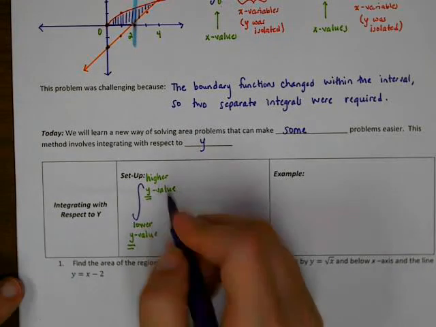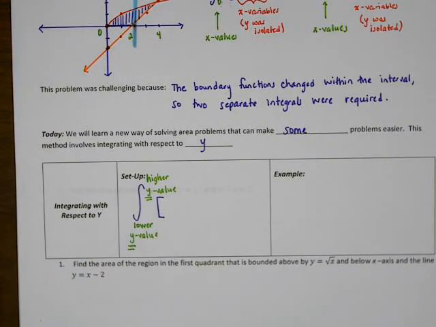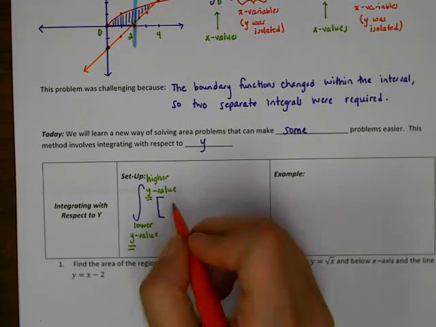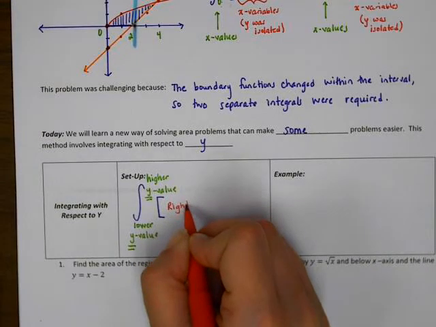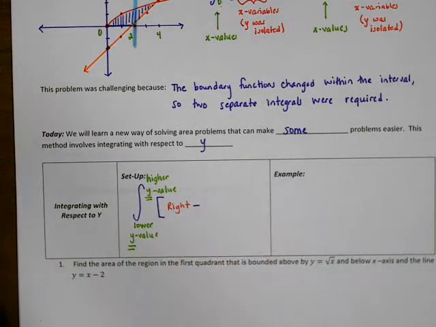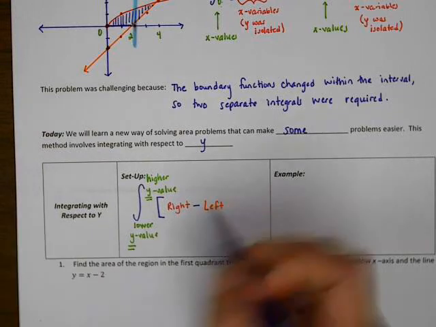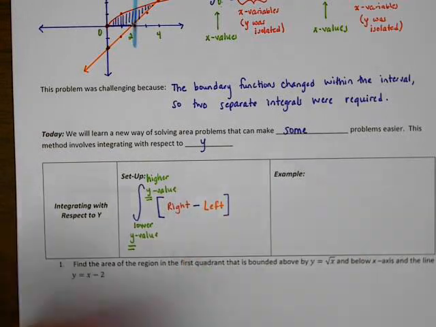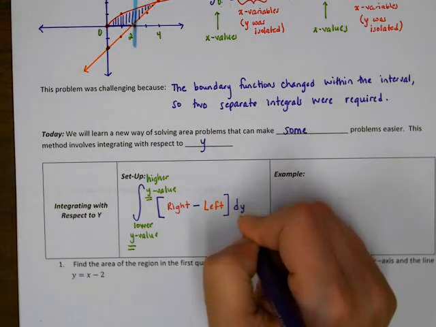Inside of the integral, where we used to think to ourselves top minus bottom, now we're going to think to ourselves right minus left. And when we write d, we're not going to write dx, we're going to write dy.